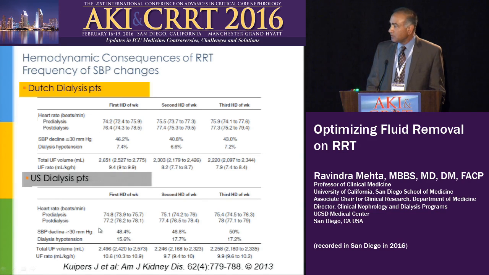And you compare that to the US practices, where the decline is significantly higher, 50%, and the hypotension rate is almost twice as much, related to the fact that they have UF rates which are much higher in this setting.